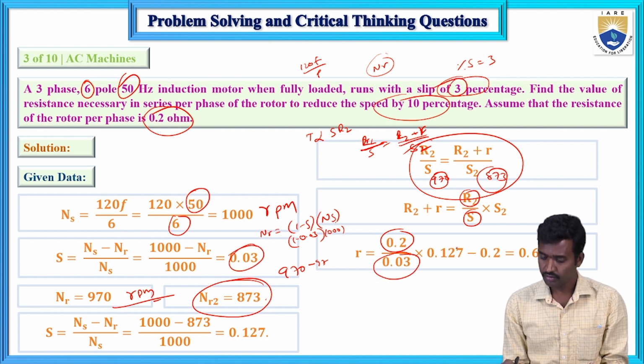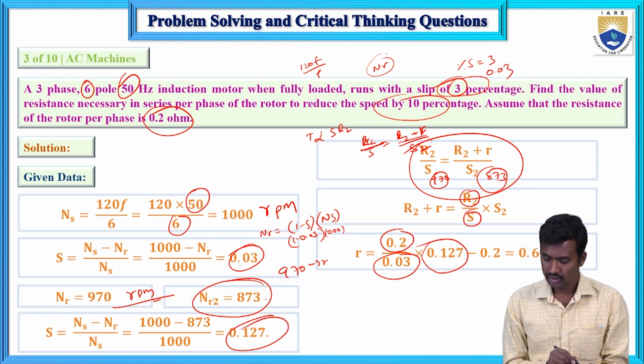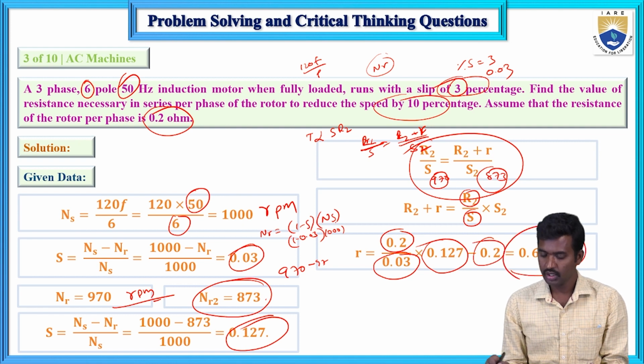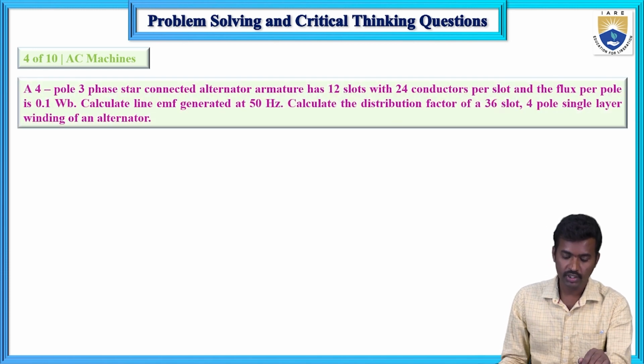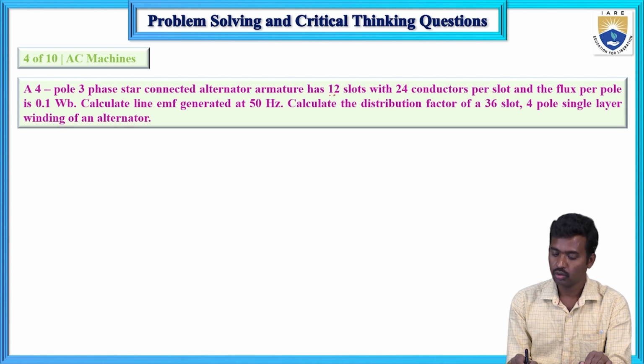This one is the percentage slip 0.03, and next this one is 0.127, and this one is the R2. So here the resistance value is 0.646 ohms.